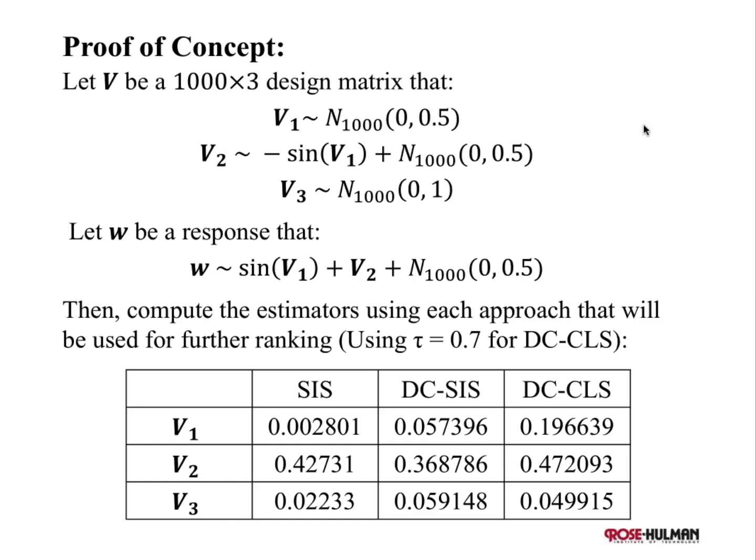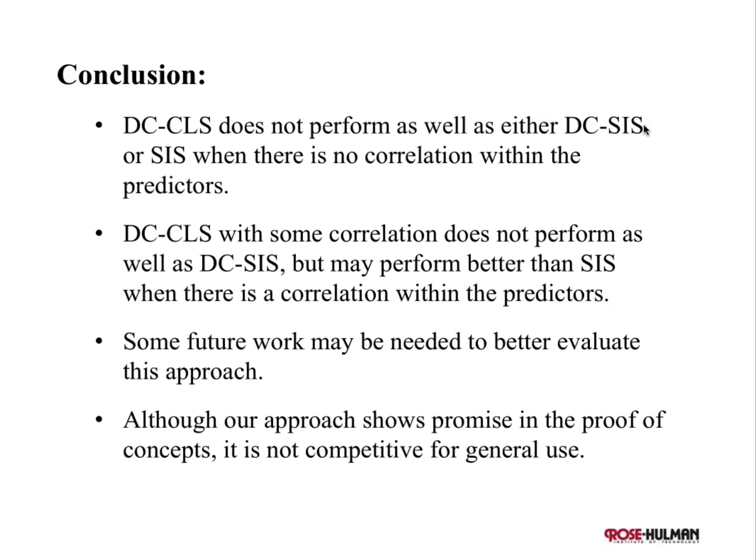However, using our approach, we are able to pick up V1, which gave us a much more significant correlation than SIS and DC-SIS. And using DC-CLS, we will be able to pick up the correct columns, which are the first column and the second column. So then we go into our simulation study.